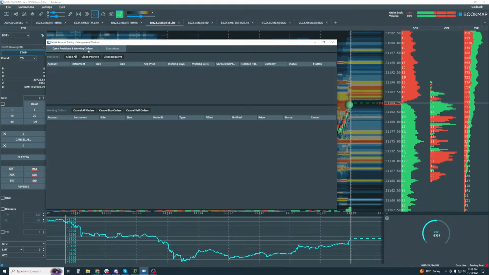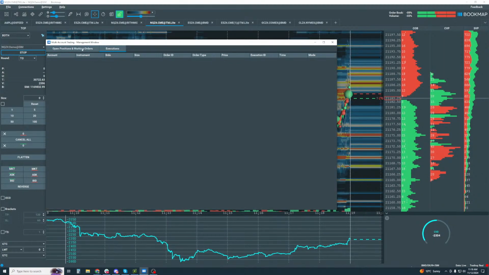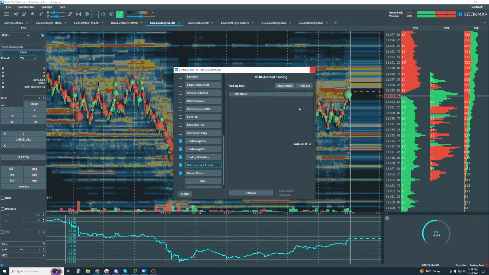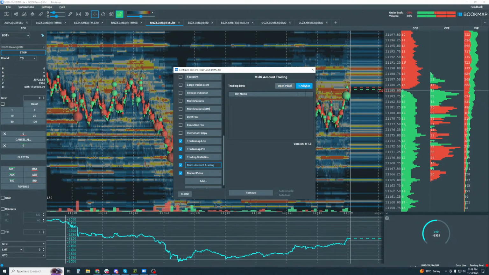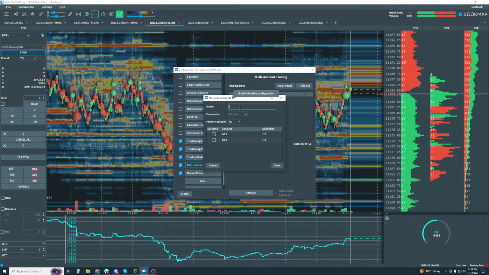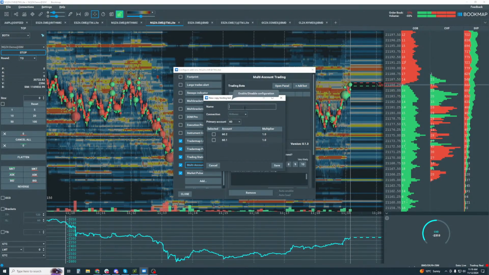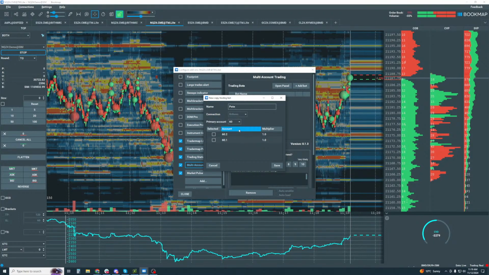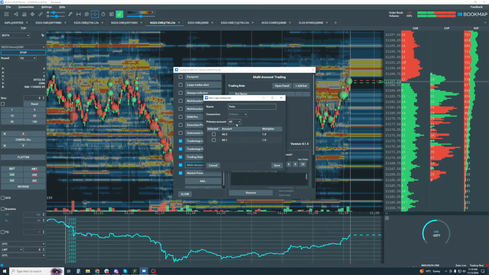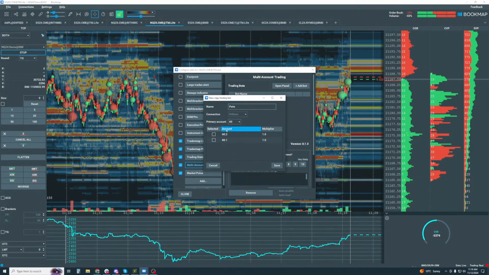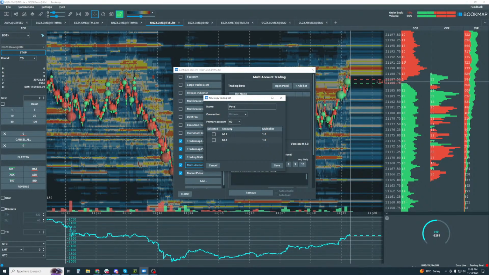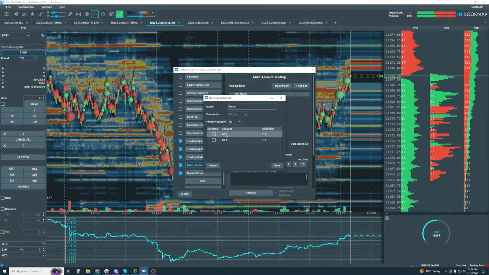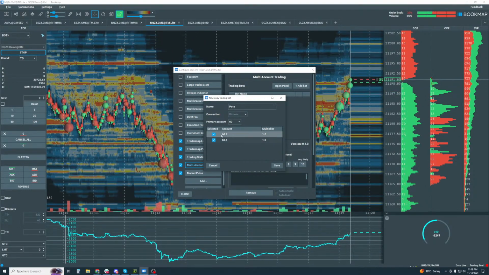Your open positions, working orders and executions, you will not see anything until you connect to your account or add your bot and start taking some trades. So we're going to call this one Pete, and this is my primary account. I have 3 accounts here in Rhythmic: primary, secondary, and tertiary. So I got 3 accounts all together.